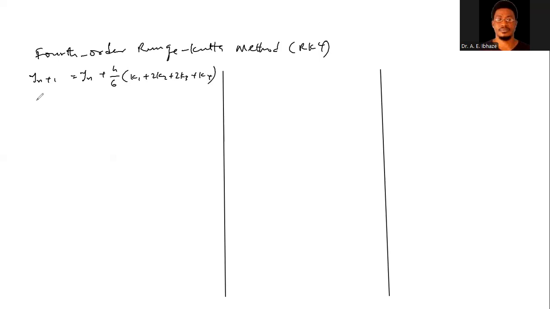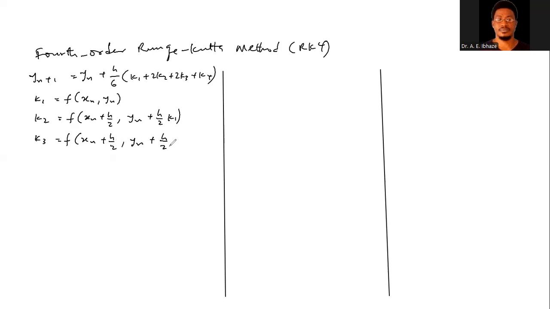And we know that k1 is the same as the derivative function f of (s_n, y_n), k2 is f of (s_n plus h over 2, y_n plus h over 2 k1), then k3 is the same as f of (s_n plus h over 2, y_n plus h over 2 k2), and k4 is the same as f of (s_n plus h, y_n plus h k3). Okay.